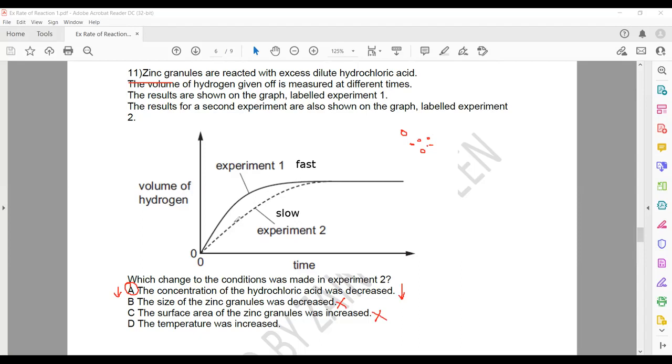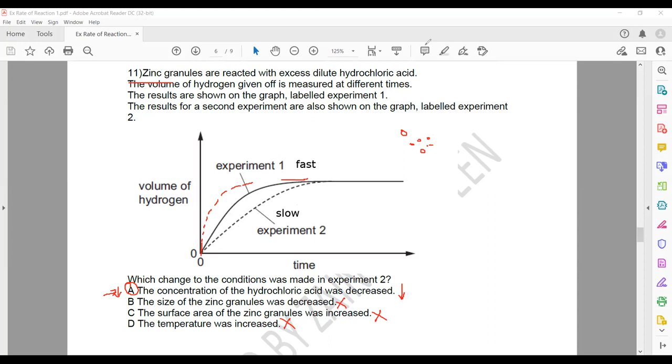If its surface area increases, the reaction, like experiment 2, should be faster. But experiment 2 is slower. The temperature increased. If we increase the temperature, the reaction should be faster. But because the reaction is slower, it means we reduced the concentration. That's why A is the right answer.